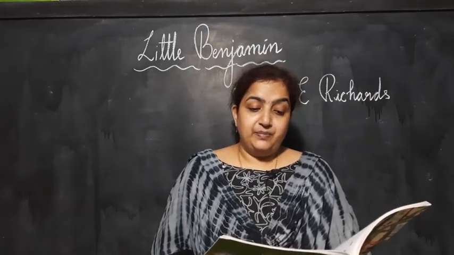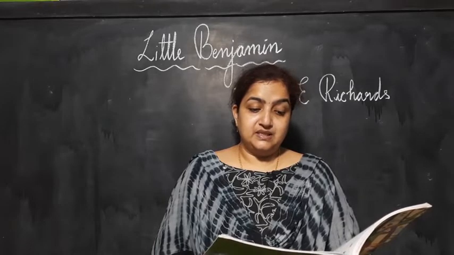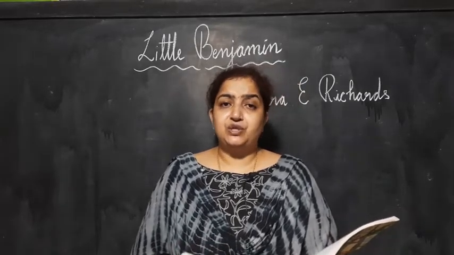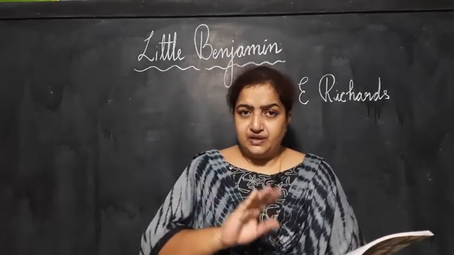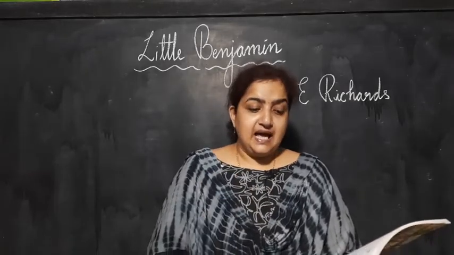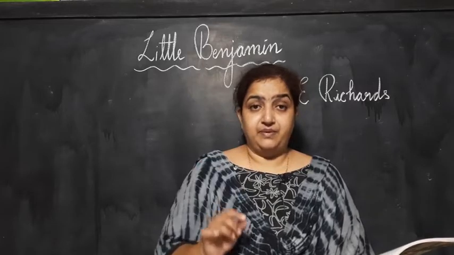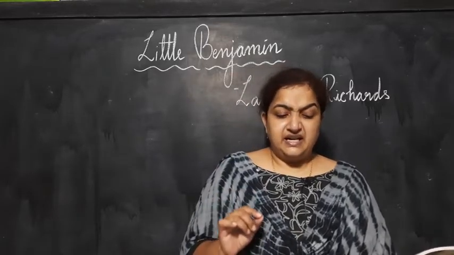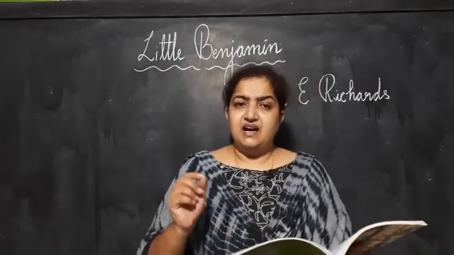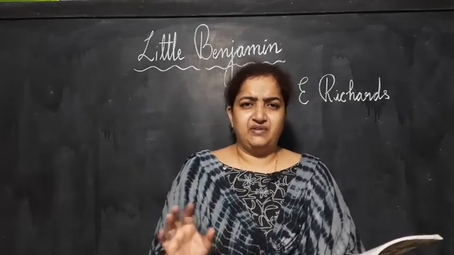She opened a folded paper and saw a few words written in a rough hand. So she opened that folded paper. The note was folded. She opened that paper and saw a few words. On that paper, a few words were written in a rough hand. Rough hand means hurriedly. Someone has written in a hurry, not very neatly.